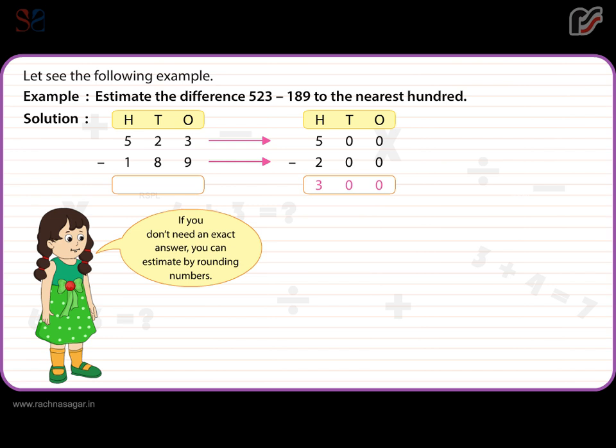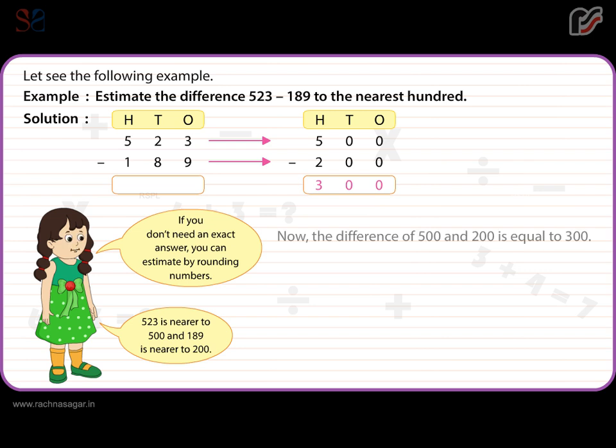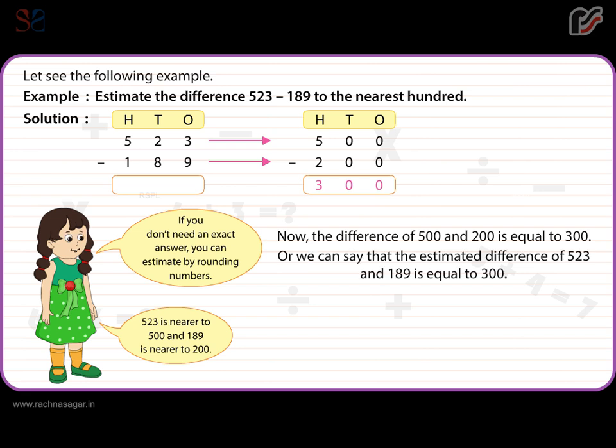If you don't need an exact answer, you can estimate by rounding numbers. 523 is nearer to 500 and 189 is nearer to 200. Now, the difference of 500 and 200 is equal to 300. Or, we can say that the estimated difference of 523 and 189 is equal to 300.